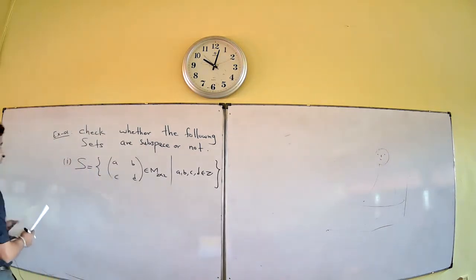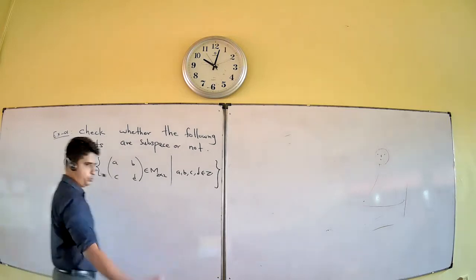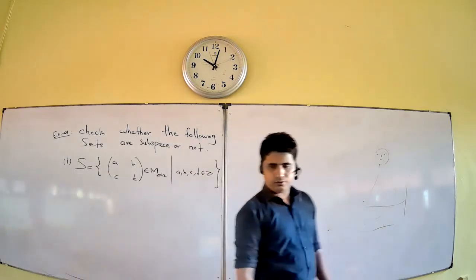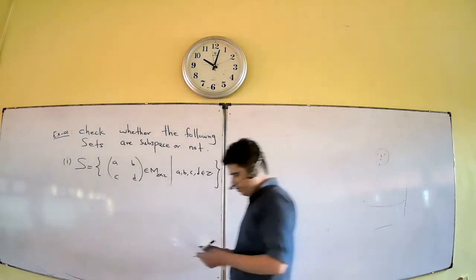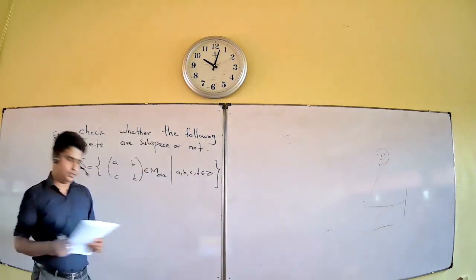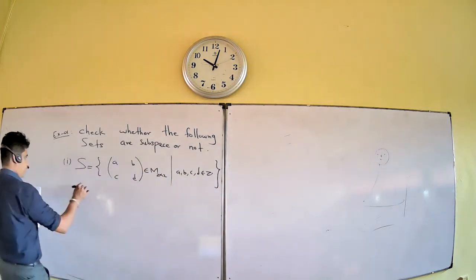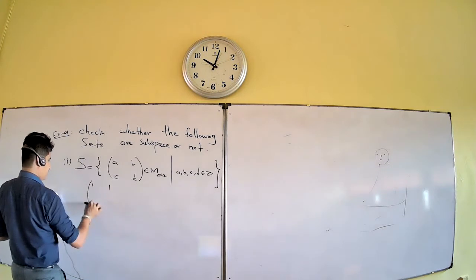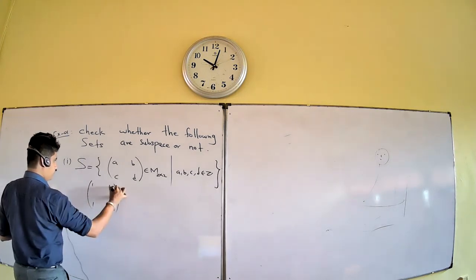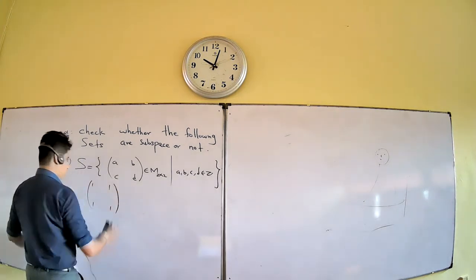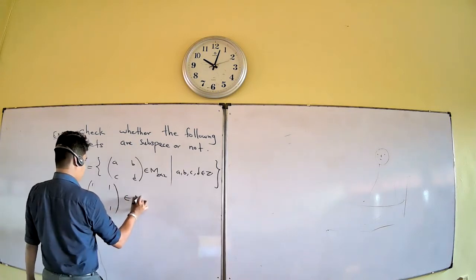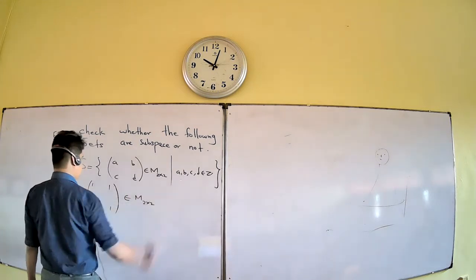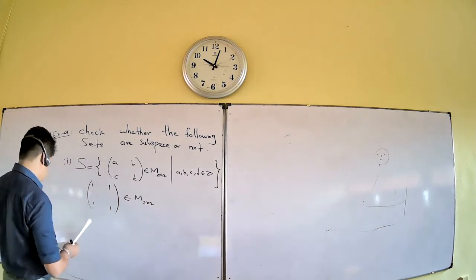You want to check whether it is a subspace or not. For this, you take an arbitrary element. So I take here 1, 1, 1, 1. Therefore, it belongs to M2 cross 2 because 1 is an integer.